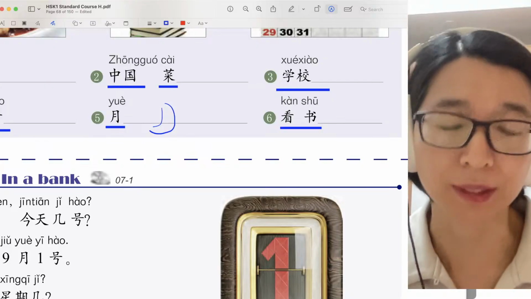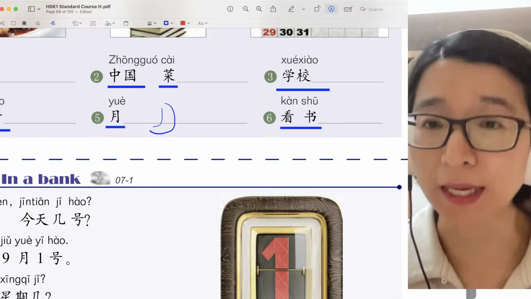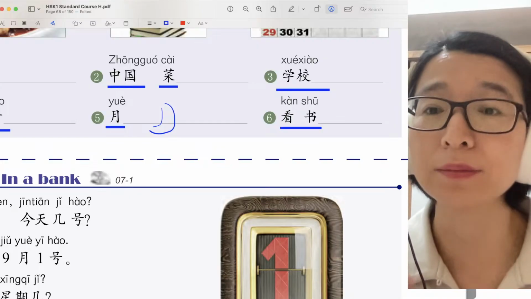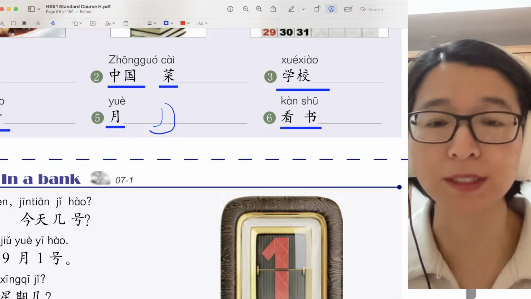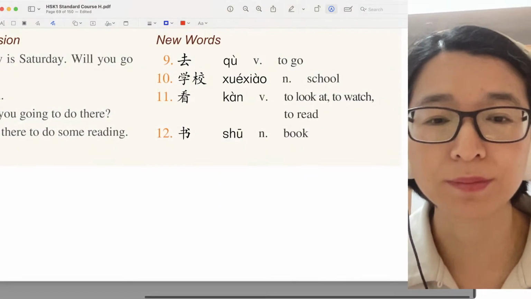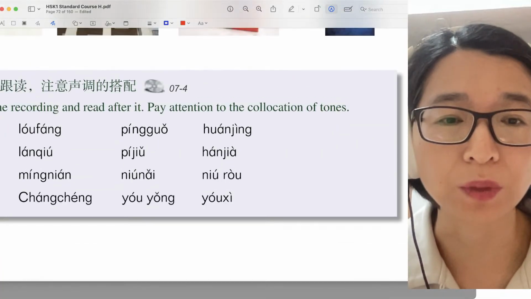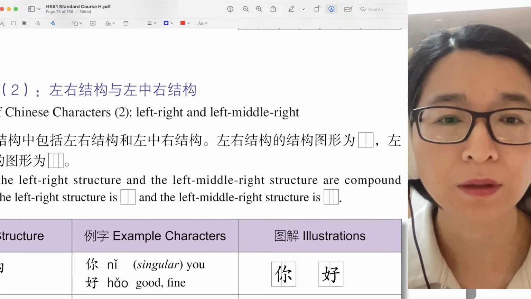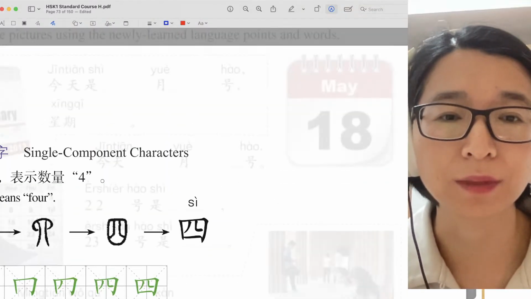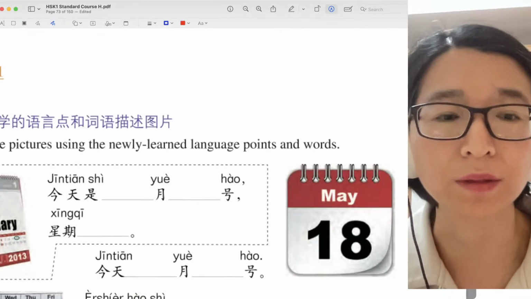Now it means month as well. And in Chinese, saying the months from January to December is very simple. Super simple, because we just use the number and then the word 月. Combine the number and 月 and we get the months.